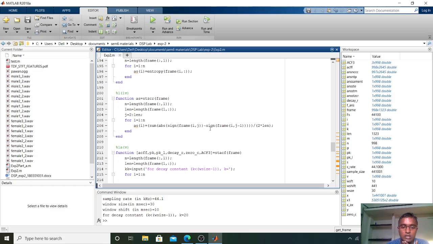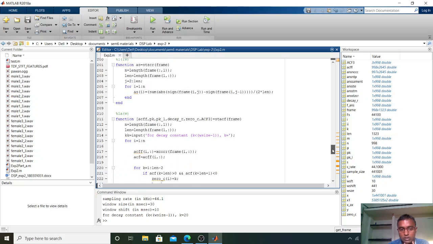If it is opposite sign, then this value will be either plus 2 or minus 2, and if it is the same sign, then it will be 0. So if we take the sum of absolute values, we will get the number of zero crossings times 2. For the rate, I first divide by 2 to get the number of zero crossings, and then by the length to get the rate. This I will be returning as the answer.